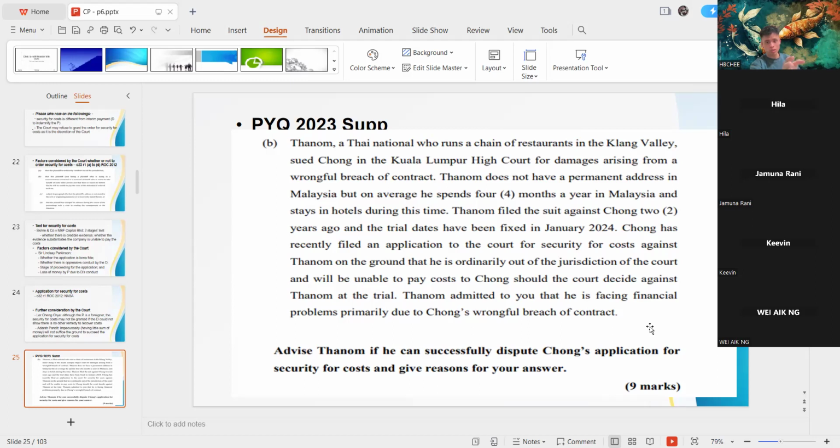You cannot simply file the application for security for cost just because the plaintiff is a foreigner. So after you write out everything together with your service and Parkinson's factors, and then the way how you apply, then in your conclusion, you have to use the case of Lurching Child. Then this is how you are going to tackle this question. Is that okay?